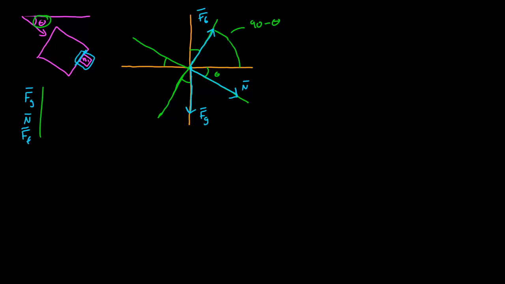If you have motion entirely along one axis, like we have here, this is a two-dimensional problem, but all of the motion is along this line. You almost always want one of your axes along that line.